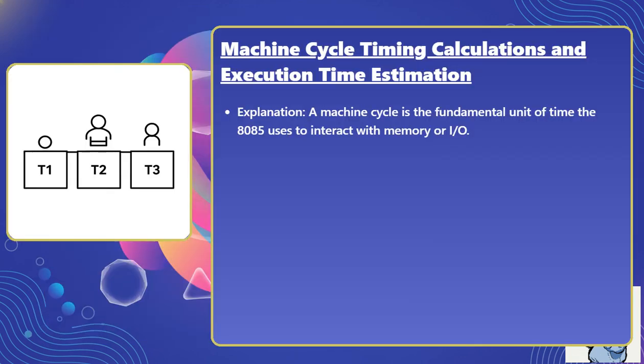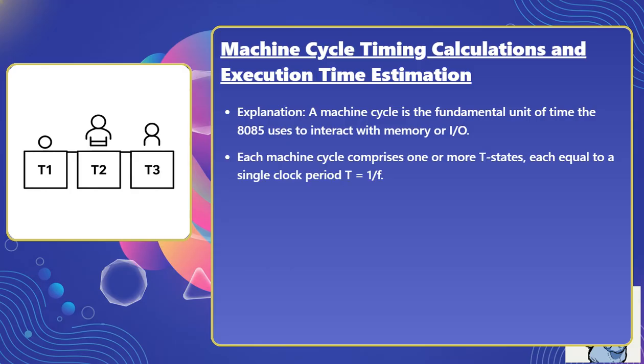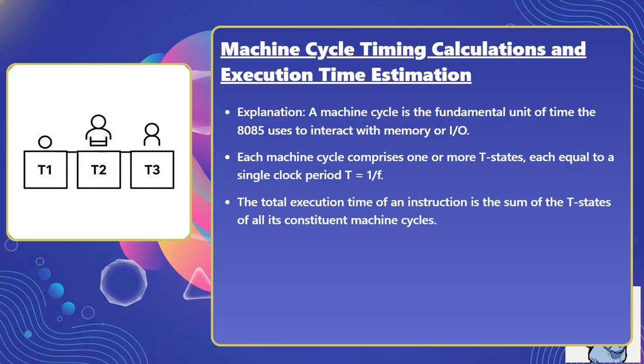Explanation: a machine cycle is the fundamental unit of time the 8085 uses to interact with memory or input-output. Each machine cycle comprises one or more T-states, each equal to a single clock period, T equals 1 over F. The total execution time of an instruction is the sum of the T-states of all its constituent machine cycles. Steps to estimate execution time.